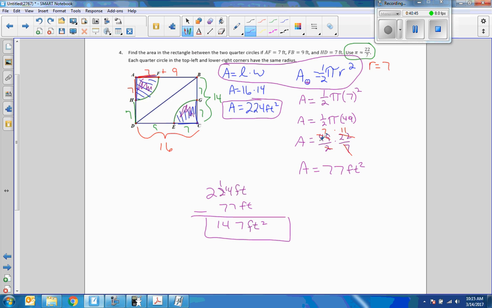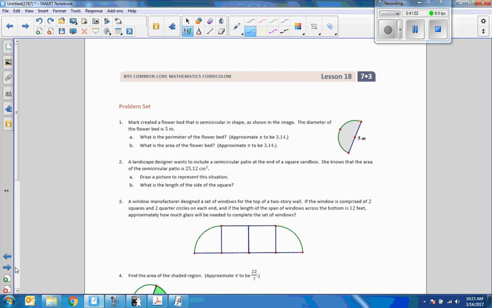All the A's lined up, all the equals lined up, and we come up with a nice, neat solution to our answer. And then combining these or subtracting, we get a good answer, and it's accurate, and it's neat, and I can see all the work that was done. That's the end of lesson 18. Go do your problem set.